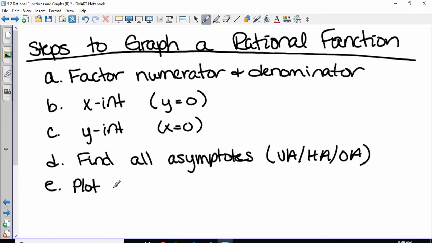And we'll plot all of that information and graph. So that is what we're going to be doing today.